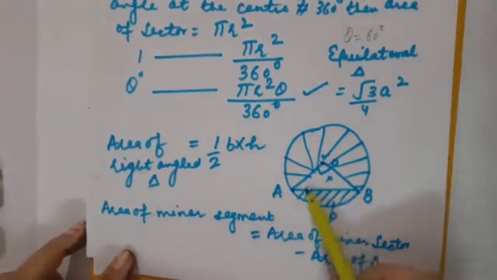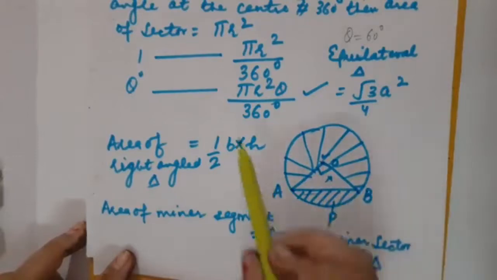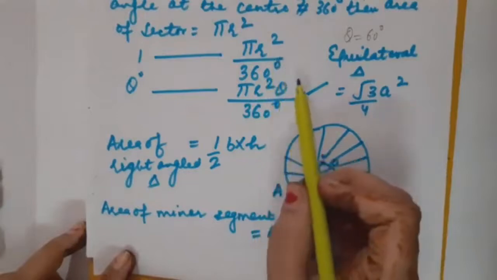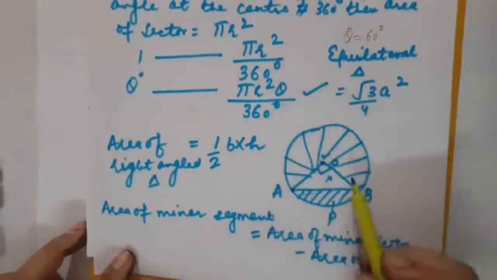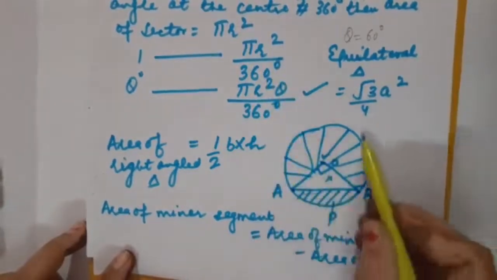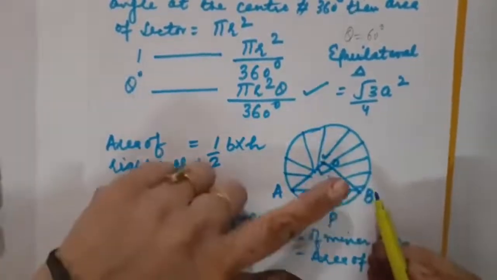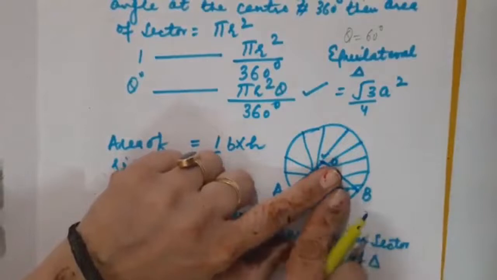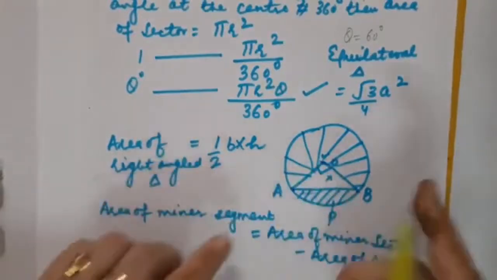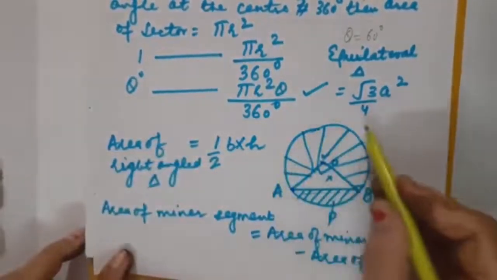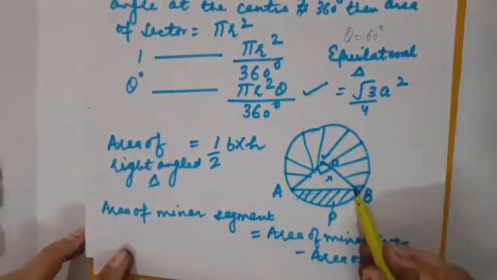Suppose I calculate the area of the minor sector, that is using pi r square theta upon 360 degree. Then I am going to calculate the area of the complete circle. From the area of the complete circle, if I hide this complete minor sector, definitely I will be able to get the area of the major sector. Got it or not? Fine.